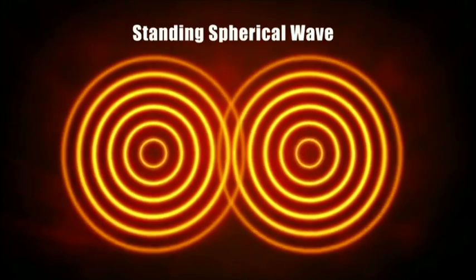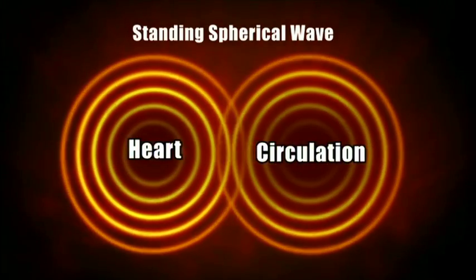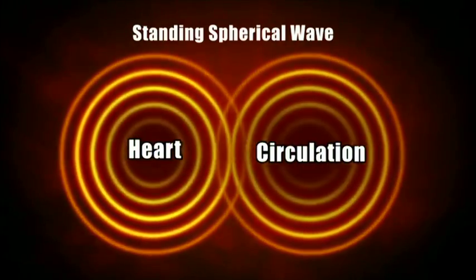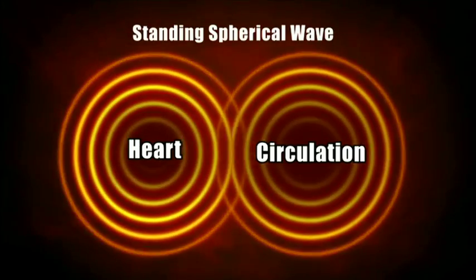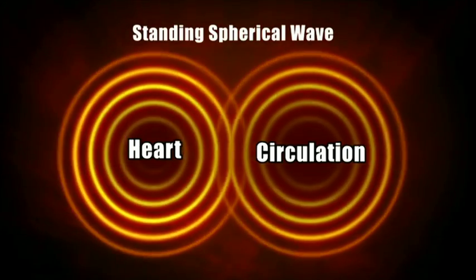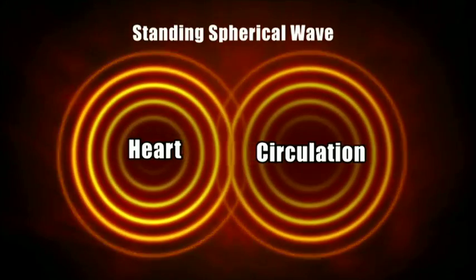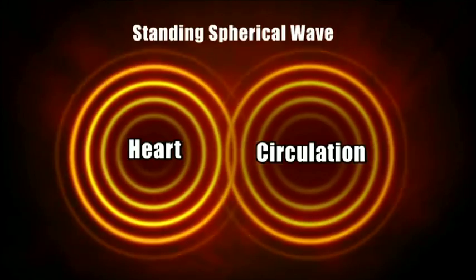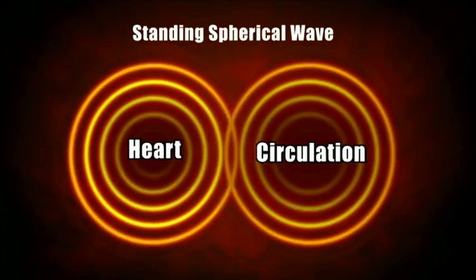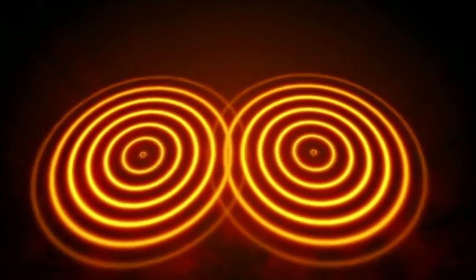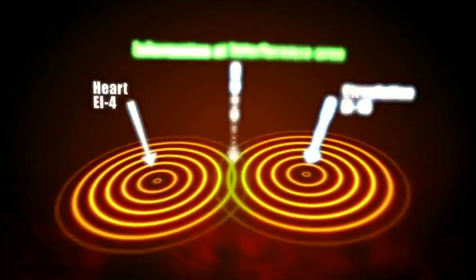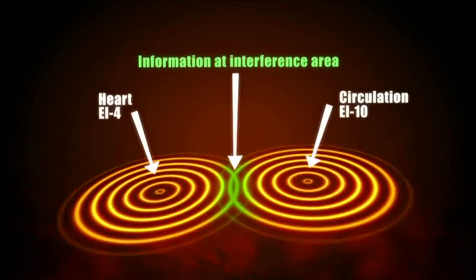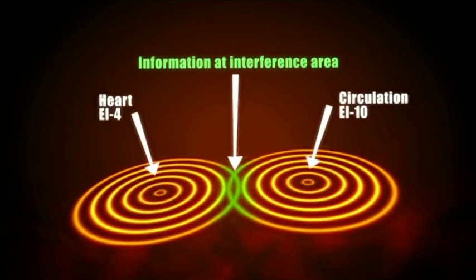So we have a standing spherical wave with the heart at the center of the first sphere and the circulation at the center of the second sphere. And we're saying that a lot of the wave is motivated by the heart and circulation put together. Now we go on to the next board. Where the two join together, we're going to get an interference area.